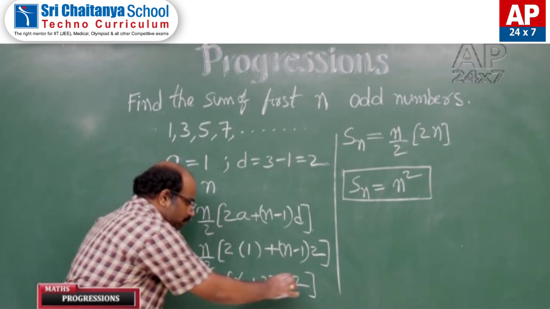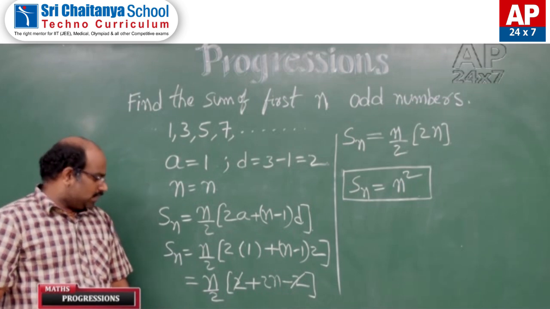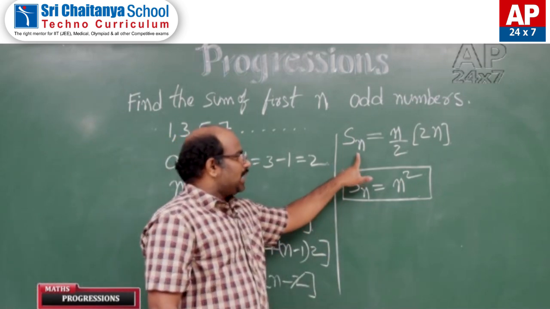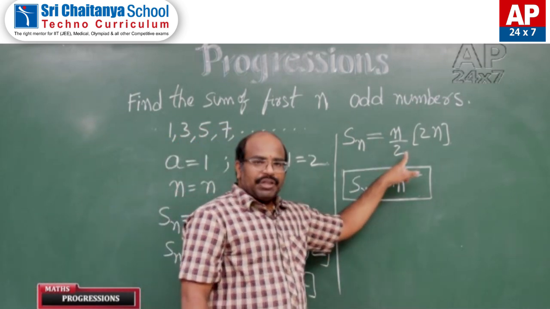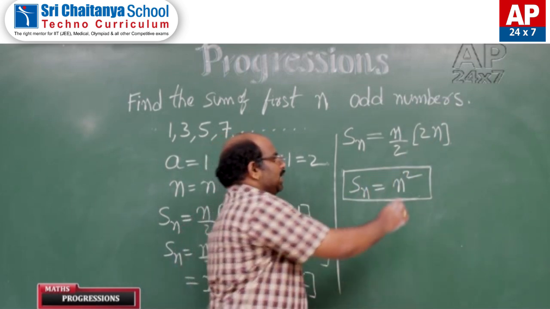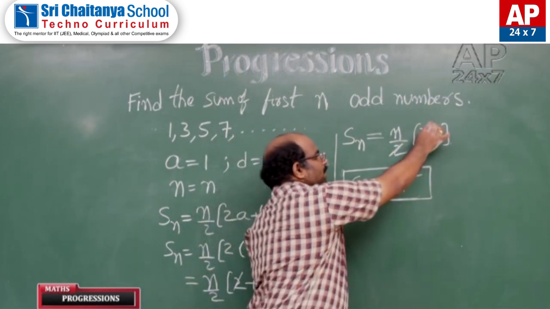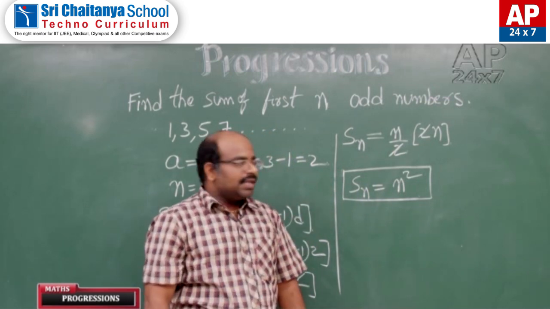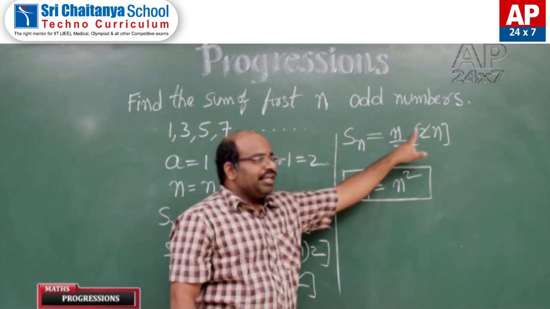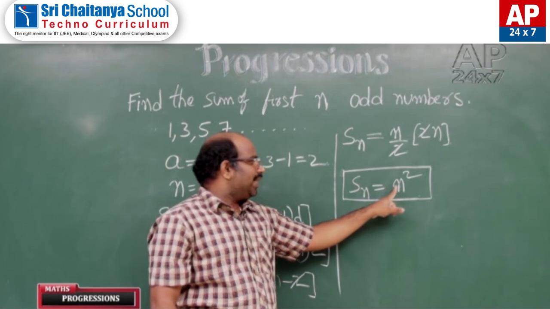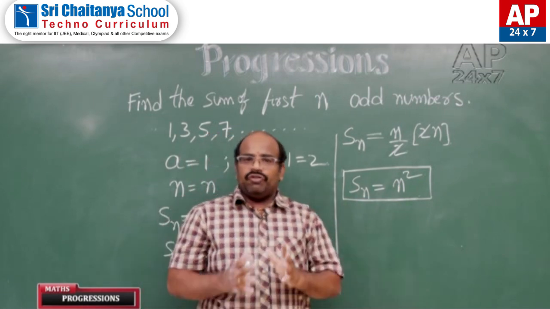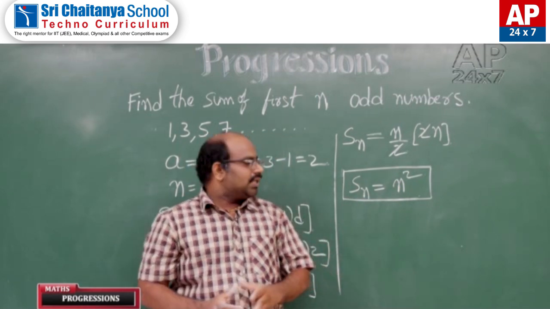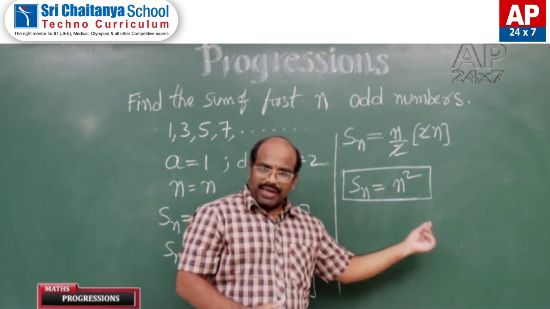Here plus 2 minus 2 gets cancelled and we get Sn is equal to n by 2 of 2n. Here the 2 is in the denominator, here the 2 is in the numerator, gets cancelled. Finally, n into n is nothing but n square. Therefore, the sum of first n odd numbers is equal to n square.